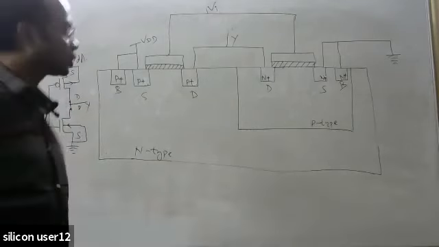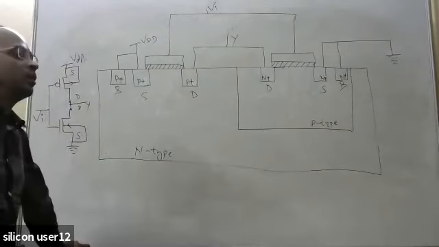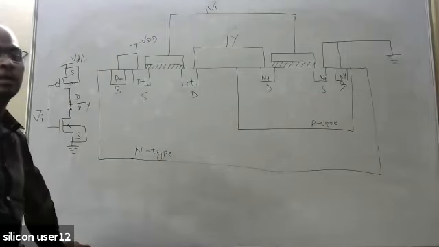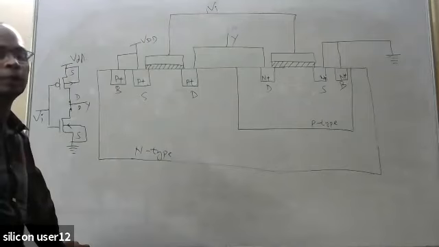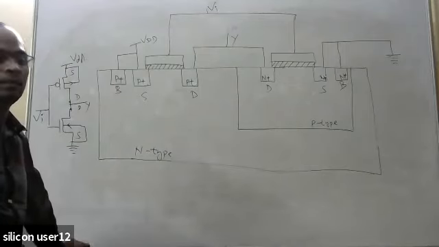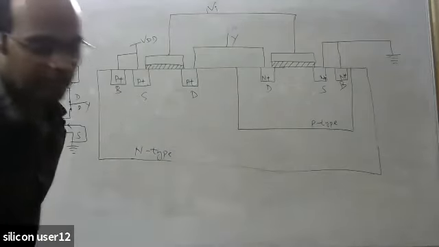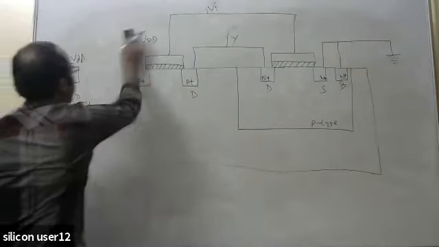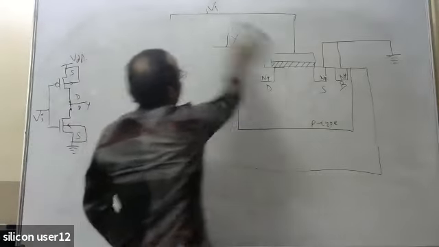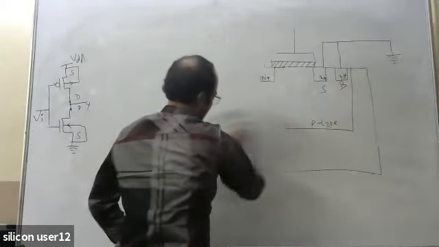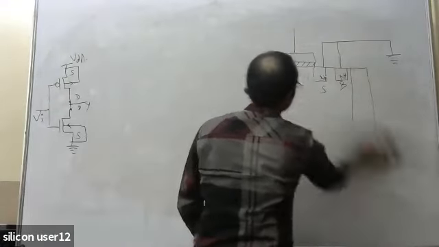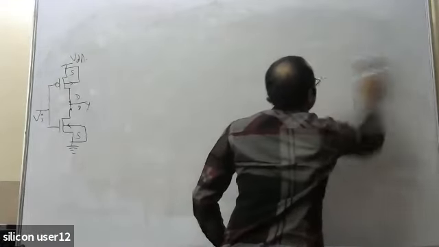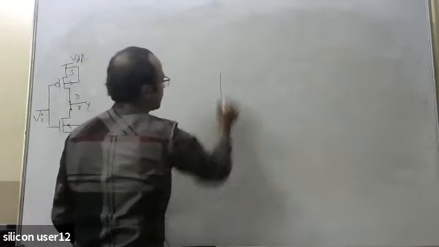Okay, just one more thing I want to tell: what is the input impedance of the NMOS or PMOS or any type of MOSFET. Let us talk about the NMOS.